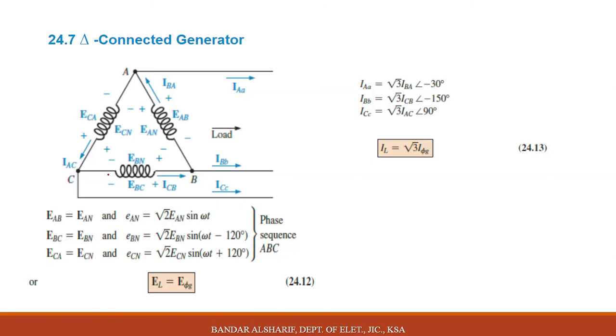You can see here, similar to the Y connection, we have line voltage and phase voltage. Phase voltage is called EAN and line voltage EAB. Similar for phase B, phase voltage EBN and line voltage called EBC.